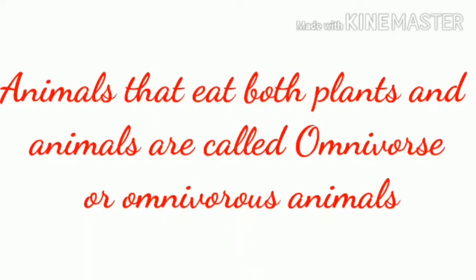Omnivores. Animals that eat both plants and animals are called omnivores. I'll repeat again. Animals that eat both plants and animals are called omnivores.